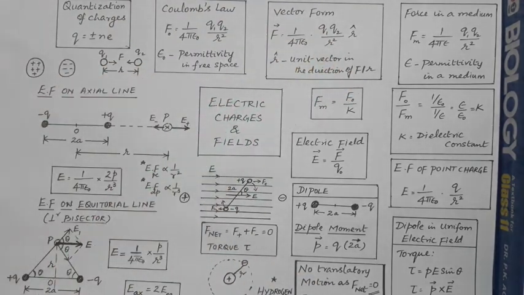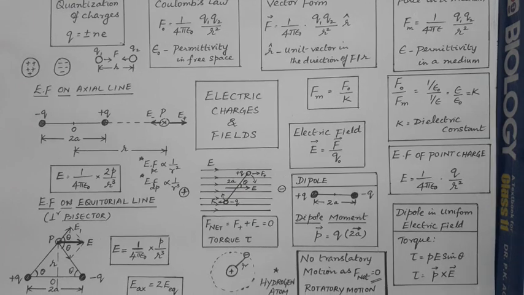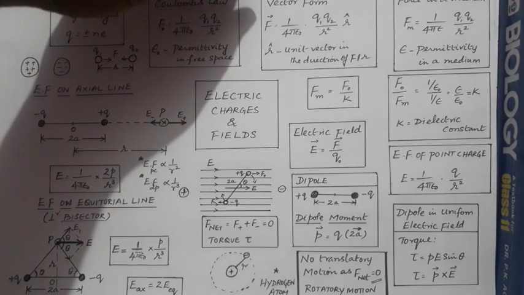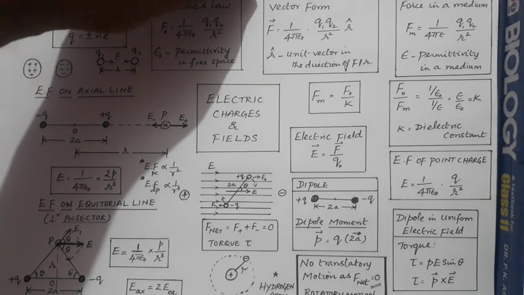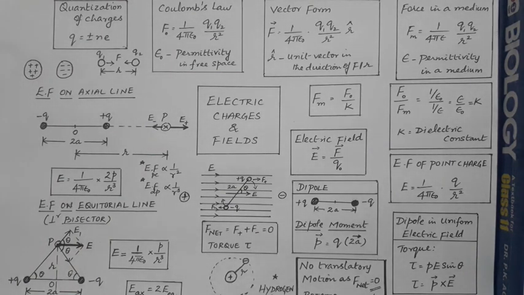So remember, in the case of a dipole, there is no translatory motion as the net force, plus QE and minus QE, gets cancelled, and there is only rotatory motion. Rotation will set up a torque. Keep that in mind. So what is the torque produced?